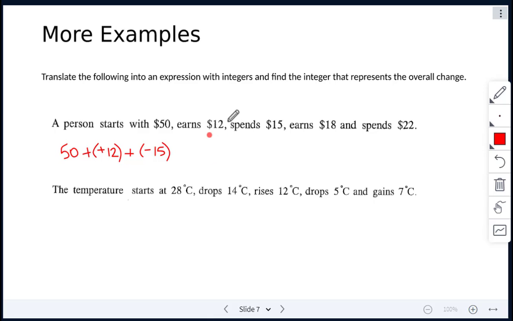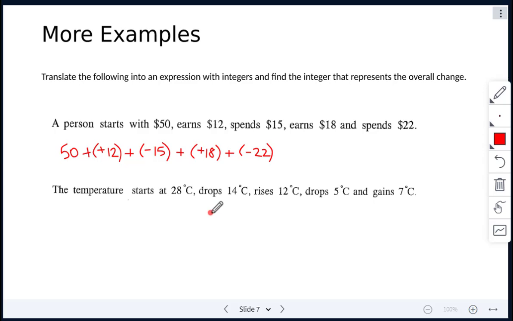All right, so we've done the earns the 12, we've done spends 15. Now this person earns $18, so plus $18. And then they're spending $22, so plus negative 22.